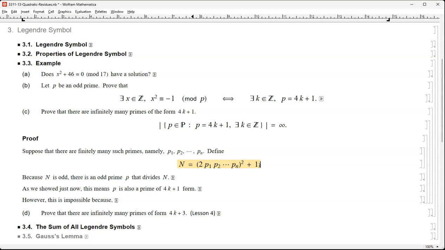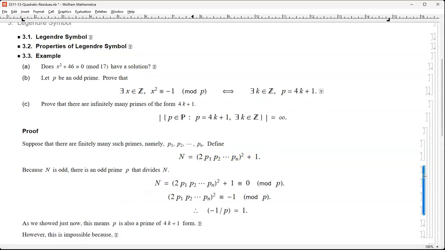Now let's make an observation. N is odd. Yeah, this is even. 2 is there, so this is even, and plus 1, so n is odd. So there is an odd prime p that divides n. In other words, this capital N is congruent to 0 modulo p, where this p is an odd prime. So flip this one to the other side. This thing squared is congruent to -1 mod p.